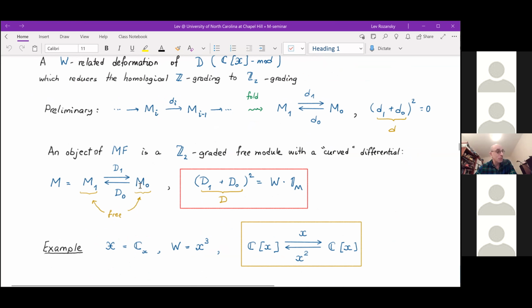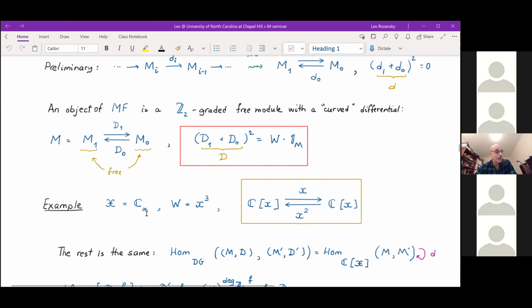So you have two free modules of equal rank, in fact, related by a differential whose square is equal to W. So for example, if your variety is C with coordinate x and your W is x cubed, then an object in the category would be this: C[x] into C[x], one way by x, the other way by x squared. So this is a simple example of a matrix factorization.